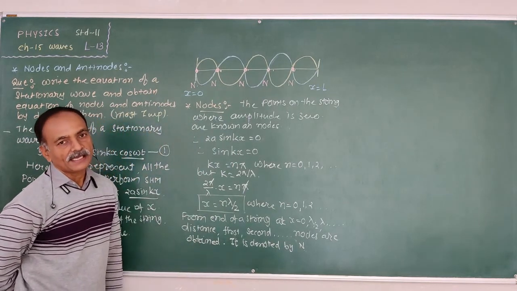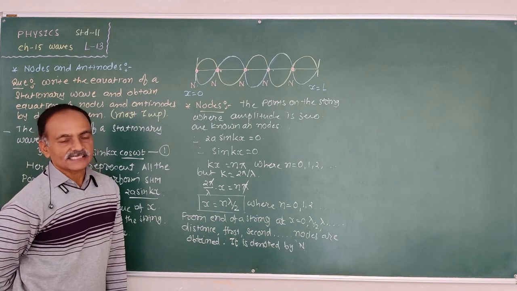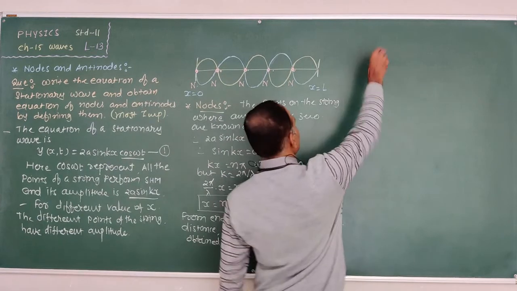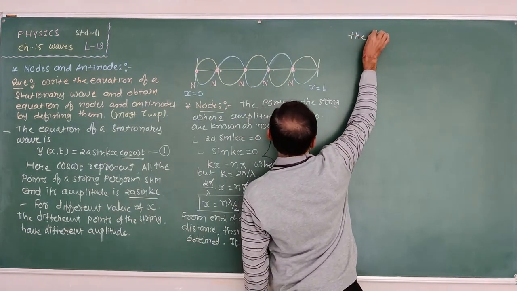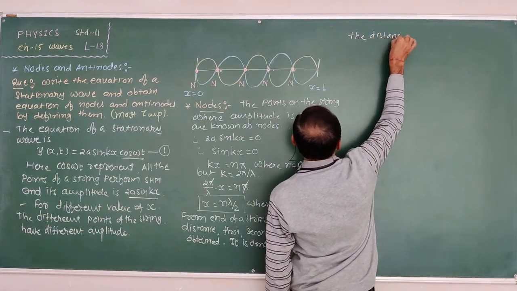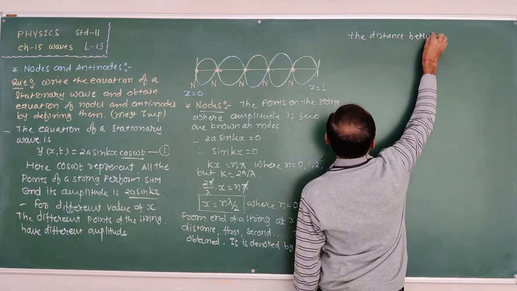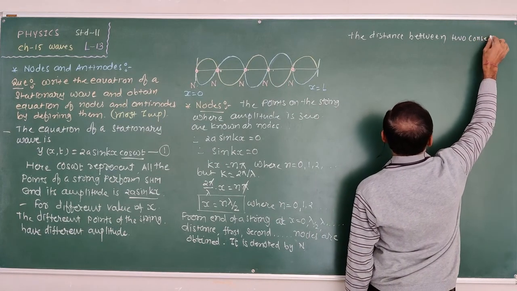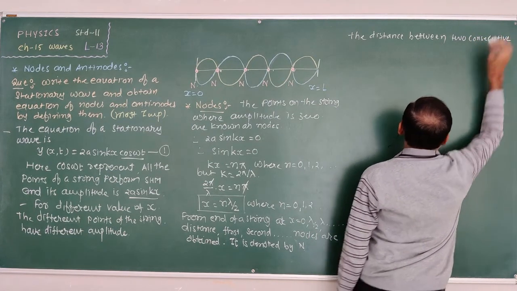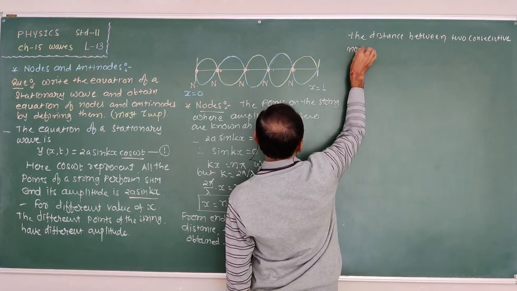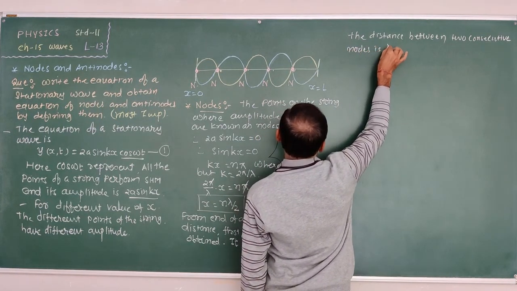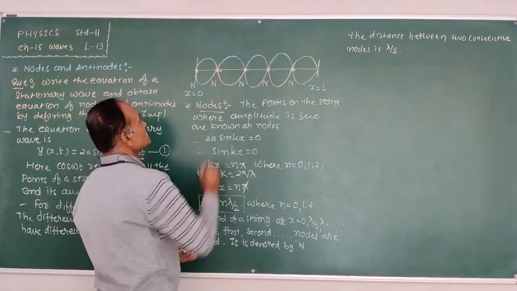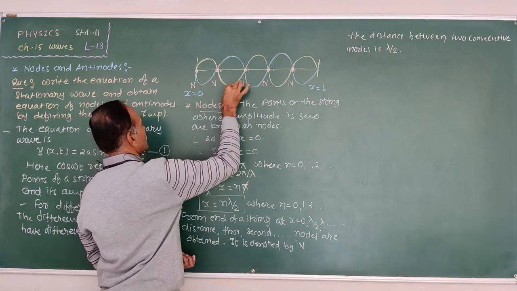The distance between two consecutive nodes is lambda by 2, because this full distance is known as the lambda.